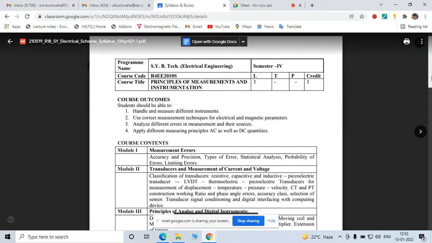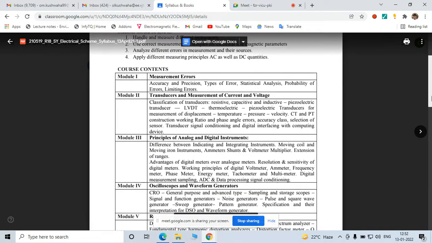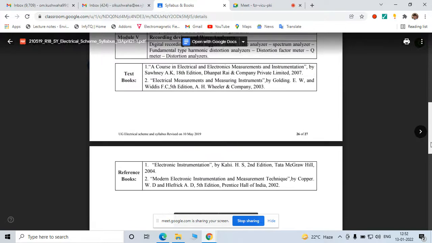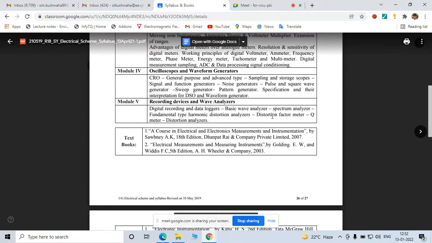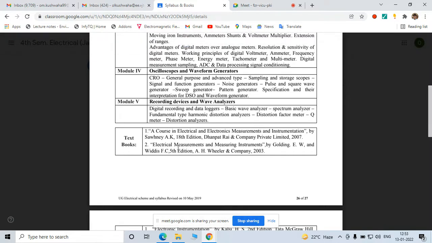So we will cover all the units using these two books. One of the best books is A. K. Sawhney, right? The first book is A. K. Sawhney, and the second one is Electrical Measurement and Measuring Instruments by Golding and Widdis.